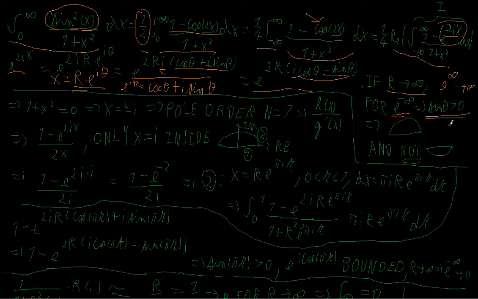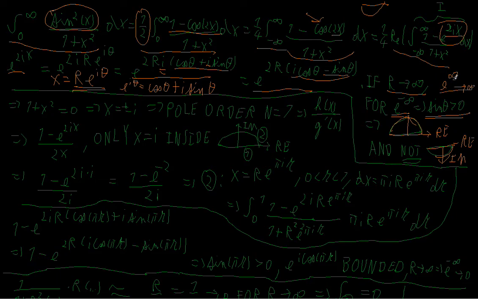So we need sine of theta positive, and it is only positive if we have a contour integral along the upper half plane. Here this is the real axis, and this is the imaginary axis. If we had something in the lower half plane, sine of theta would be negative, and so it would diverge.